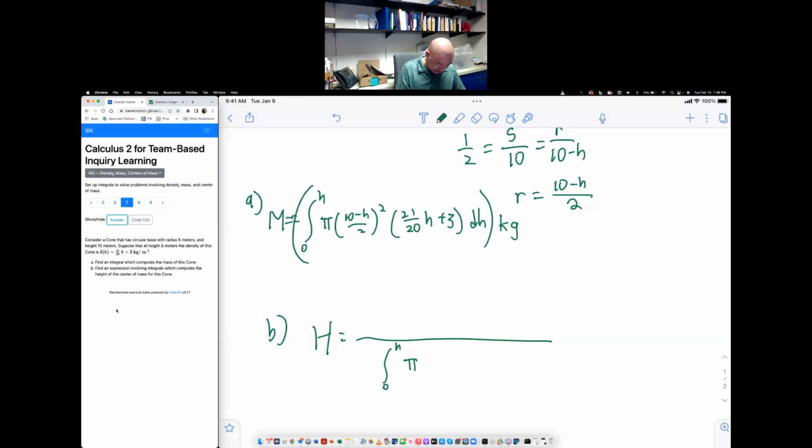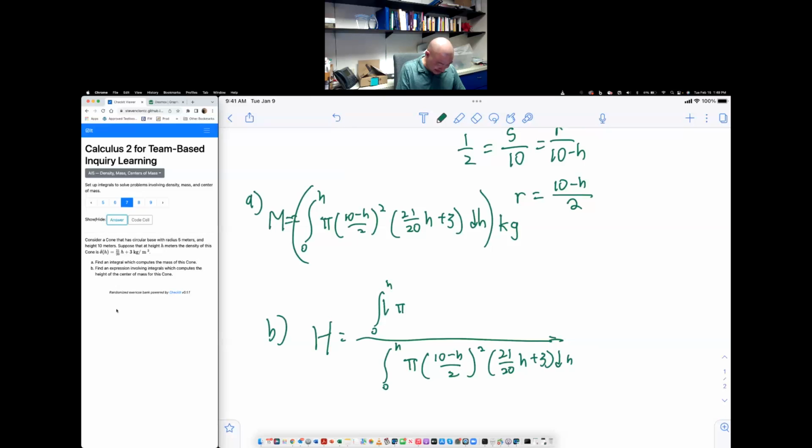So I'm just going to transcribe essentially the total mass that we have already computed. And I'm essentially doing that twice.